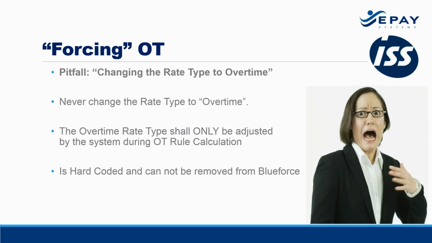One of the pitfalls that we fall into is that we shouldn't be changing the rate type to overtime. Never change the rate type to overtime, because obviously that affects some things in the system. The overtime rate should only be used by the system, only by Blueforce, during OT rule calculations.